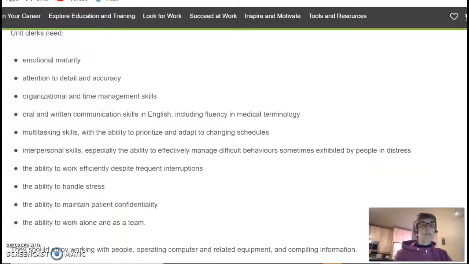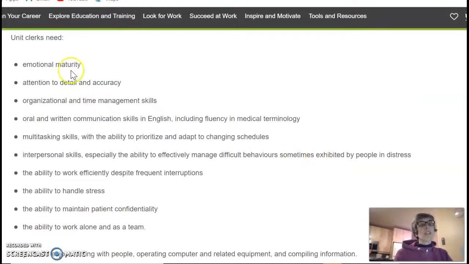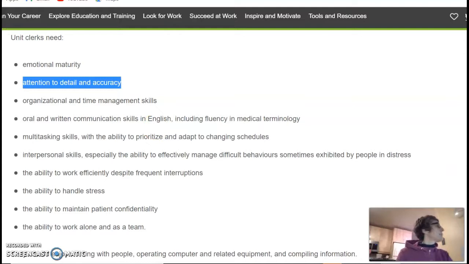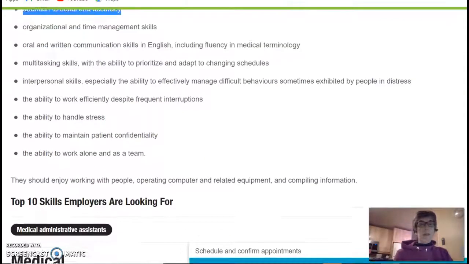So again, this is reading practice for you. Unit clerks need emotional maturity, attention to detail and accuracy, and other skills. So choose 2 of them, and you can write that one down. And finally, number 7, name 3 schools that offer training for the job.